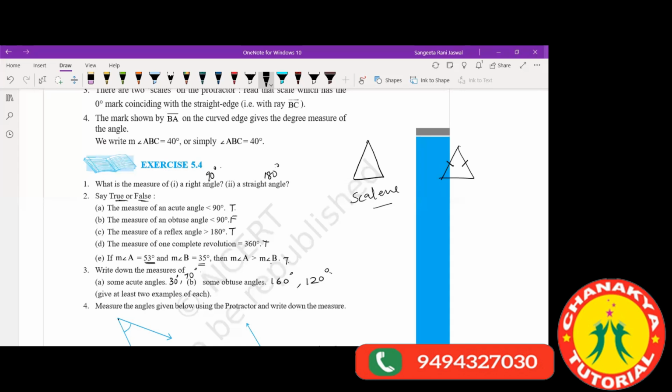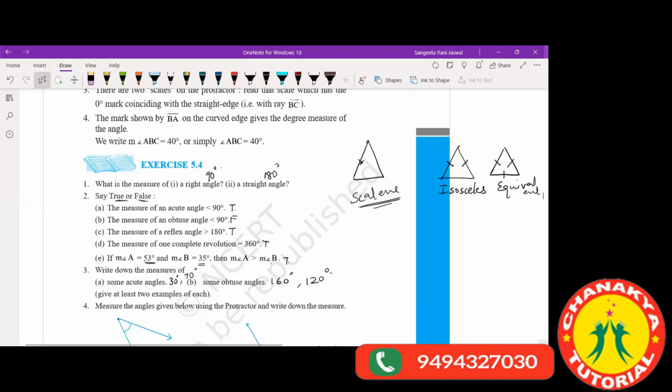When all sides are different, it is scalene. When two sides are equal, it is isosceles. If all three sides are equal, then what do we call it? Equilateral triangle.